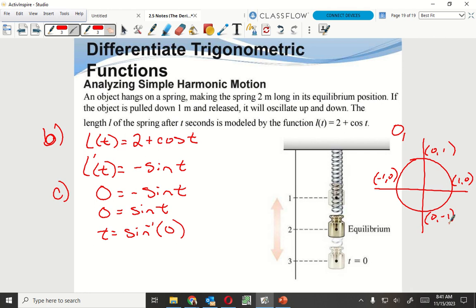Pi. Yeah, you had 0, but if it's 0 here, it's also 0 over here, right? So it'd be pi, and then 2 pi, and then 3 pi, and so on, right? Okay. So those are the places I am going to have the max speed there.